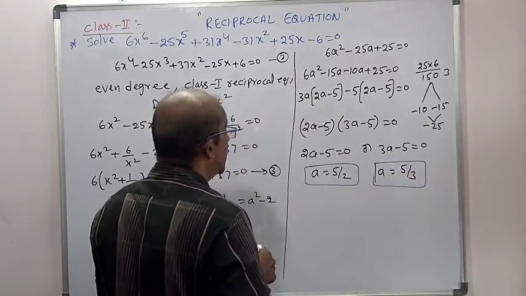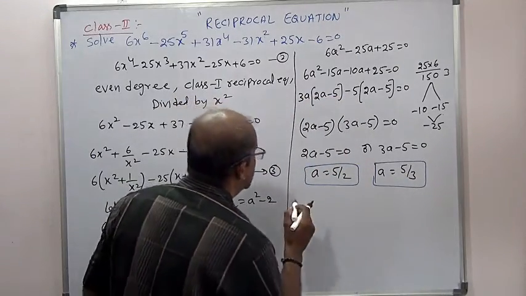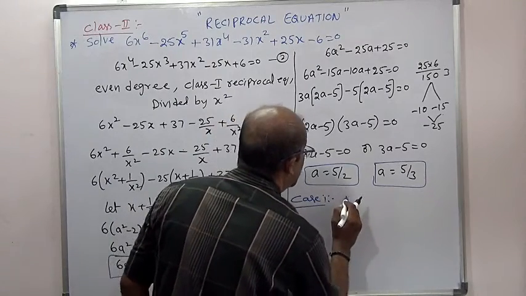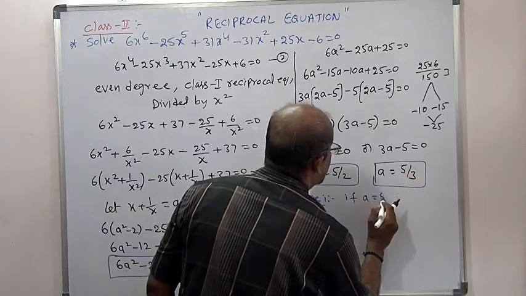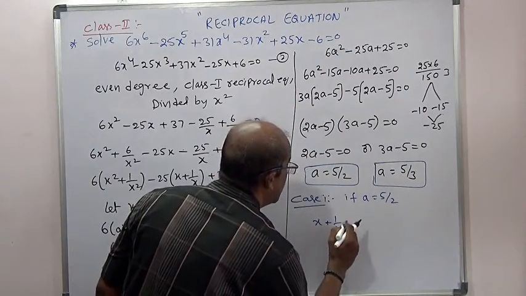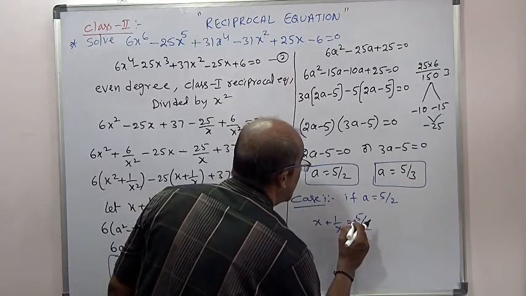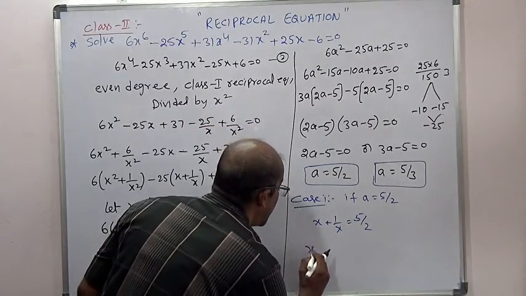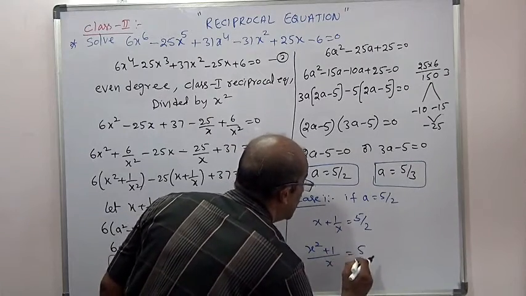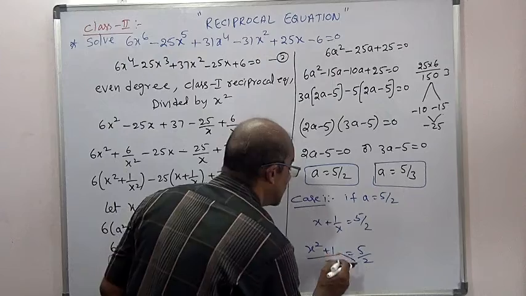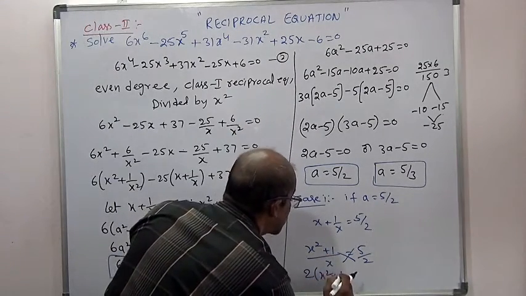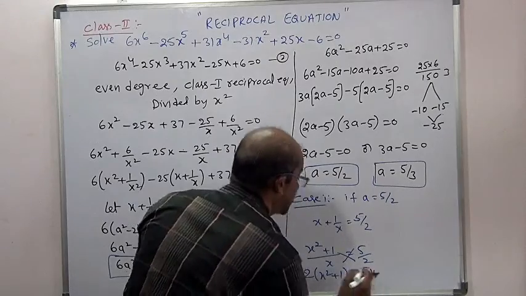Now in case 1, if a is equal to 5 by 2, that is x plus 1 by x is equal to 5 by 2. So x square plus 1 by x is equal to 5 by 2. Now cross multiply it, it becomes 2 of x square plus 1 is equal to 5x.